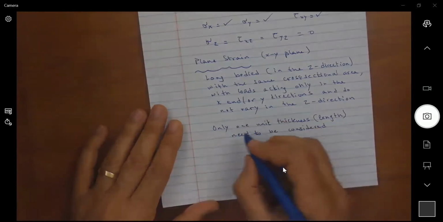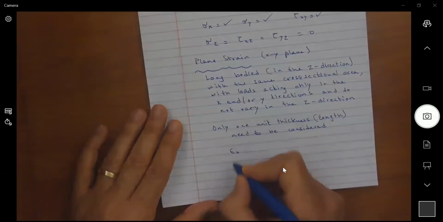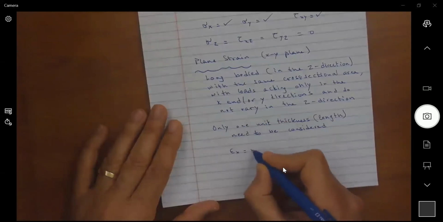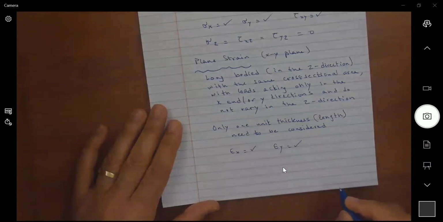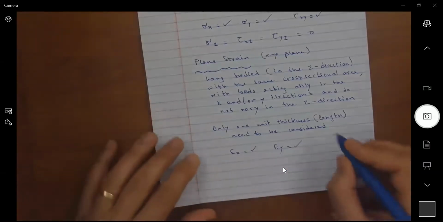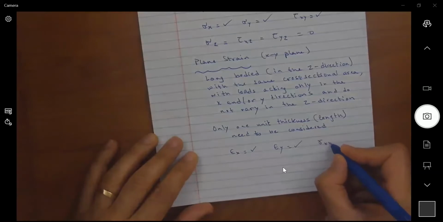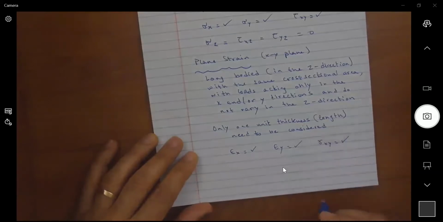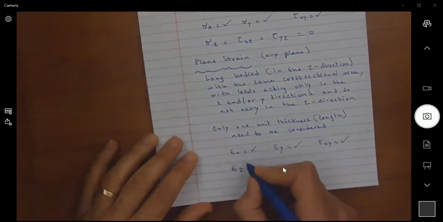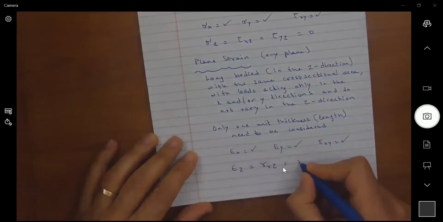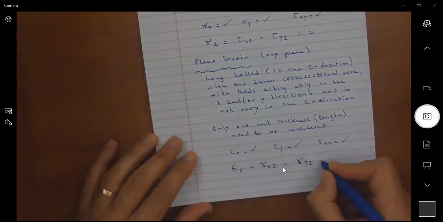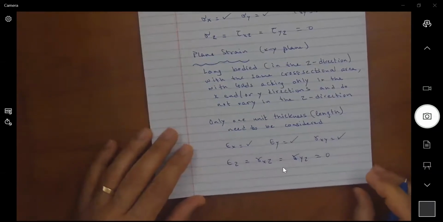So I'm going to have an epsilon x that's going to have a value, can have an epsilon y, I can have a gamma xy, but my epsilon z is going to be equal to gamma xz equal to gamma yz equal to 0.